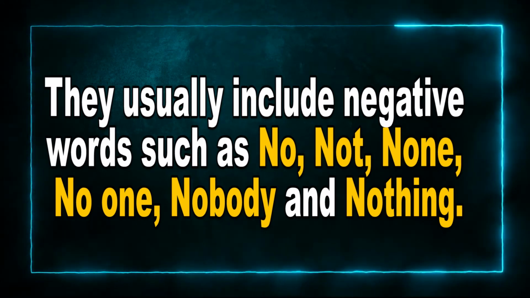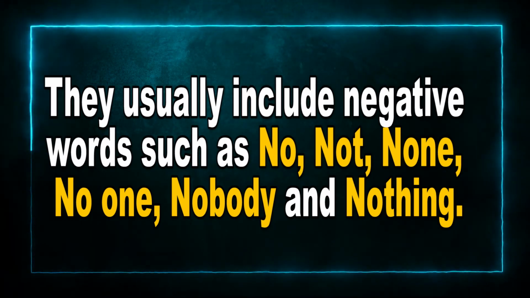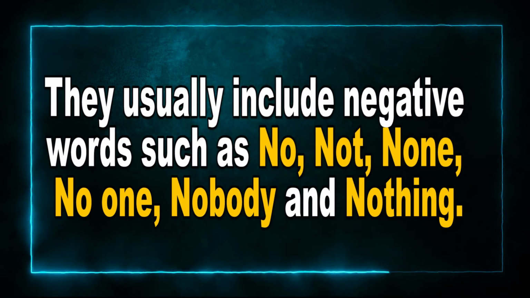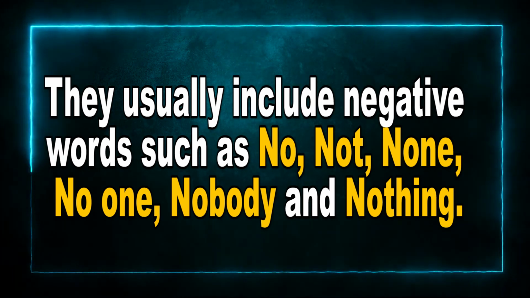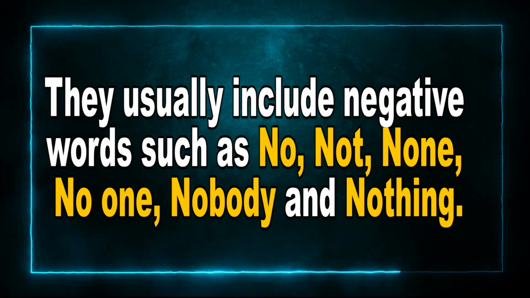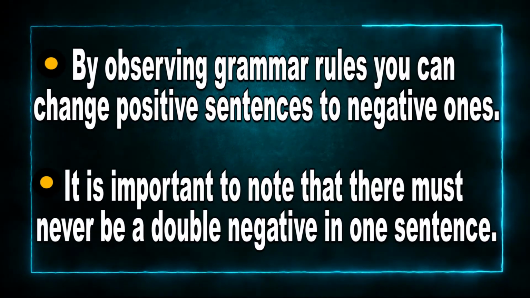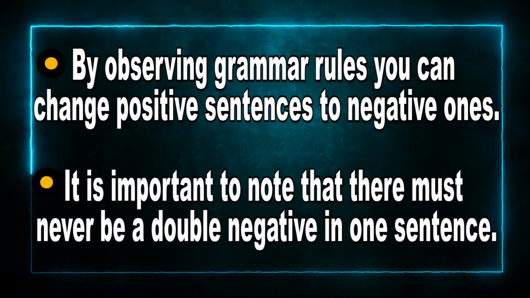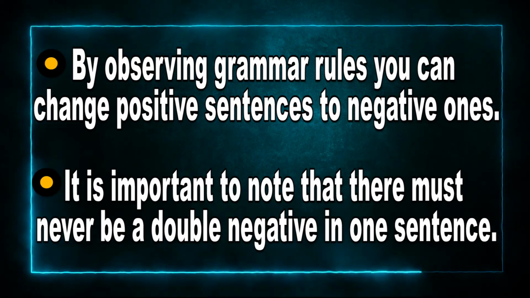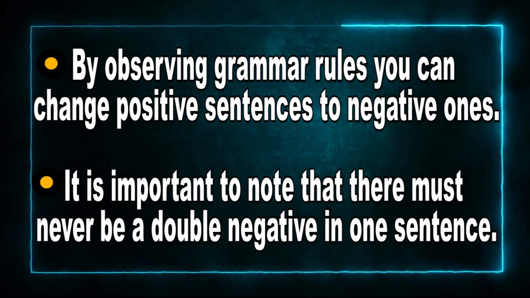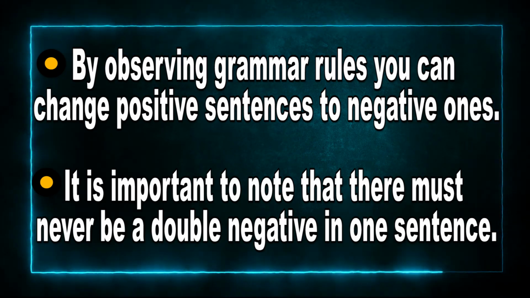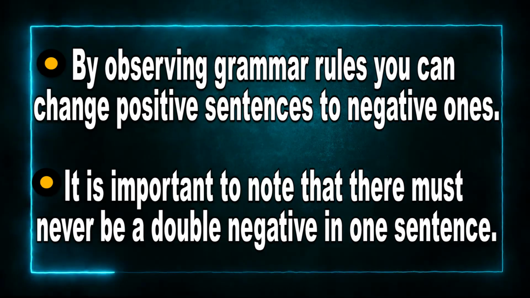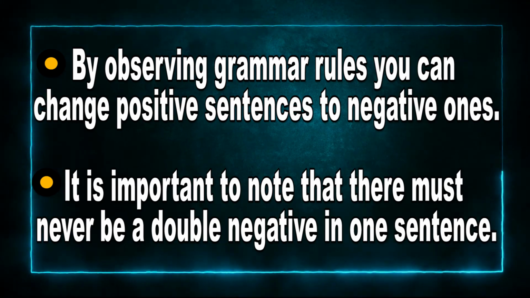They usually include negative words such as no, not, none, no one, nobody, or nothing. By observing grammar rules, you can change positive sentences to negative sentences. It is important to note that there must never be a double negative in one sentence.